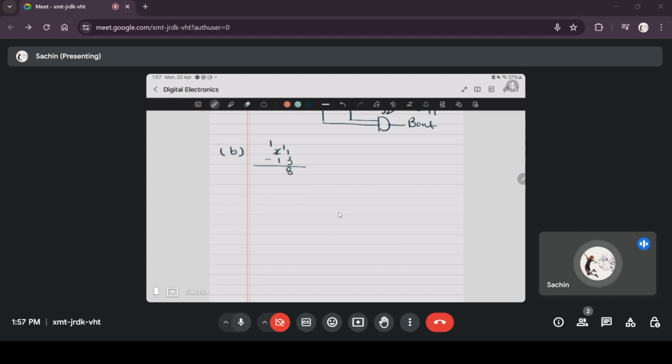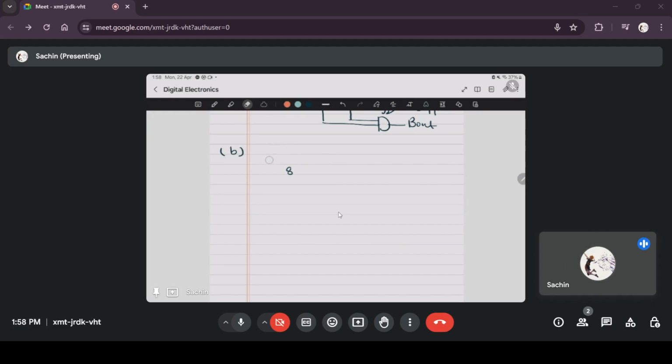Now when you're doing the subtraction in the tens place, this from 2, you're actually doing 2 minus 1, but another 1 has been borrowed from the tens place. So there's a borrow in, that is a borrow from the previous operation that you need to subtract from the tens place.